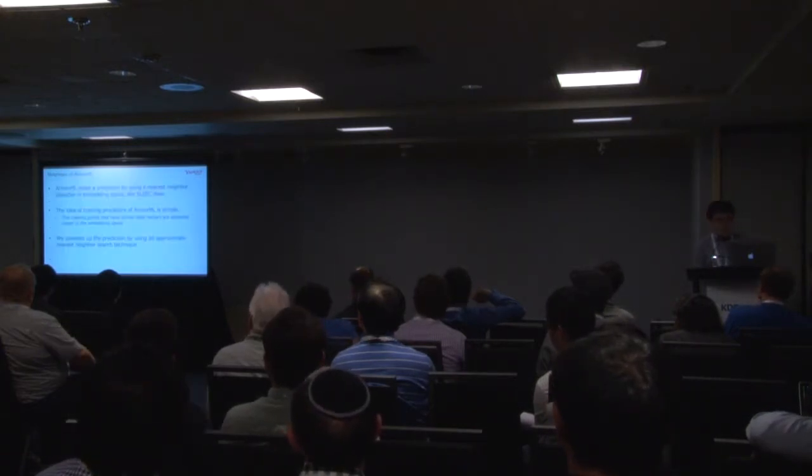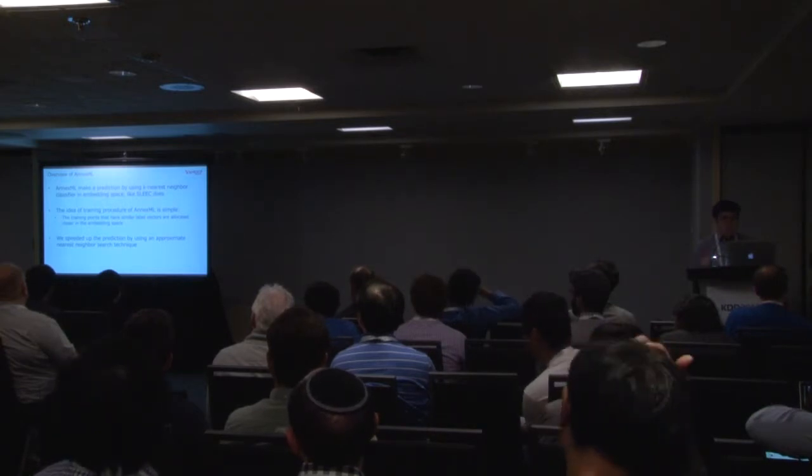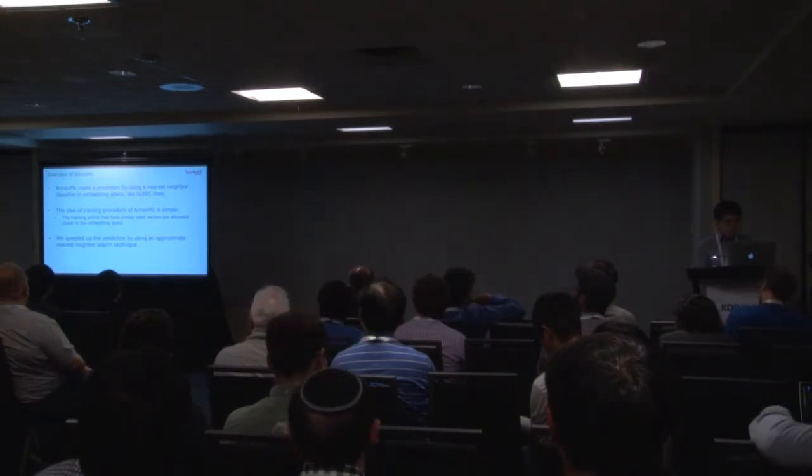AnnexML makes a prediction by using a k-nearest neighbor classifier in the learned embedding space like SLEEC does. The idea of the training procedure of AnnexML is simple. The training points that have similar label vectors are allocated closer in the embedding space. In addition, we sped up the prediction procedure by using an approximate nearest neighbor search technique.